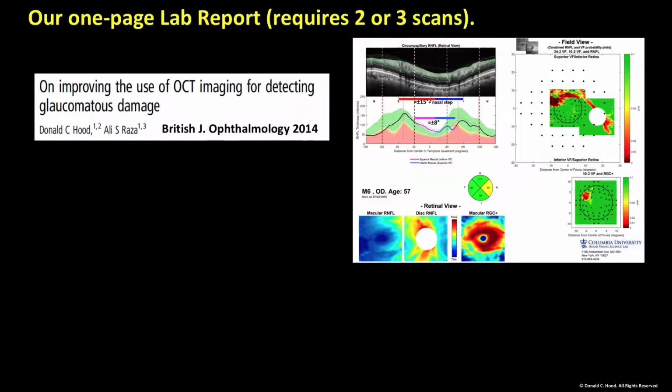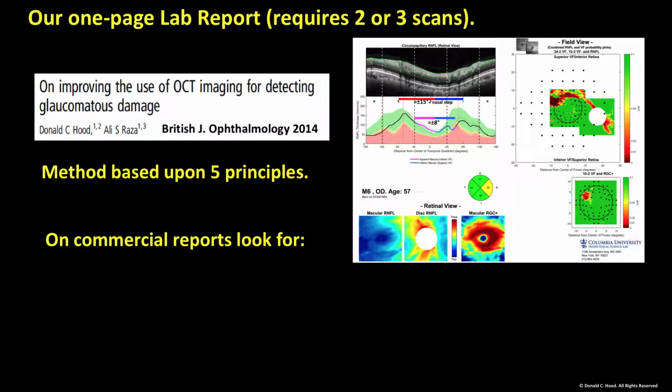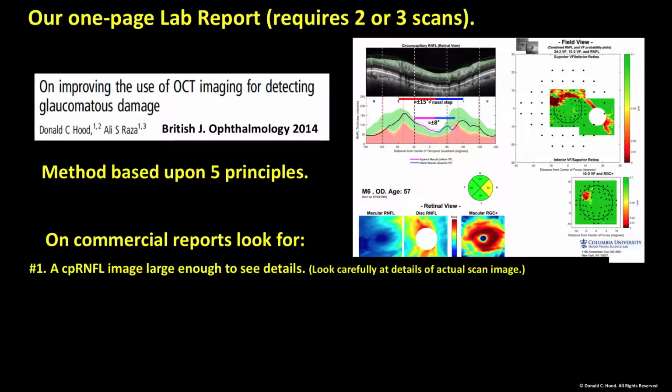So this is our one-page lab report that I spoke about in Module 3. It's based on 3 scans, and as I mentioned in Module 3, it's really more a method or a process that's based on 5 principles. And so on commercial reports, you want to look for the aspects associated with these principles.